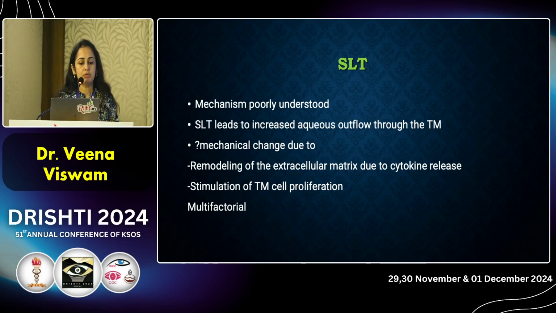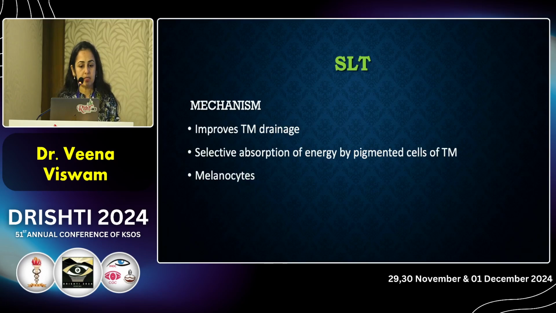But whether it's due to a mechanical damage, remodeling of the extracellular matrix due to cytokine release, or stimulation of trabecular cell proliferation is yet to be confirmed. So, multifactorial factors are the cause for decreasing IOP in SLT according to many studies.